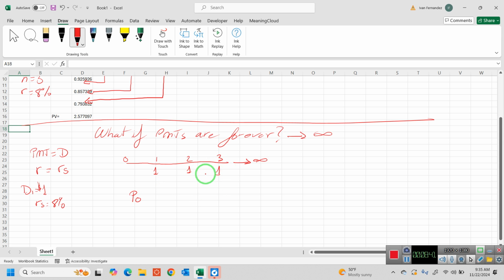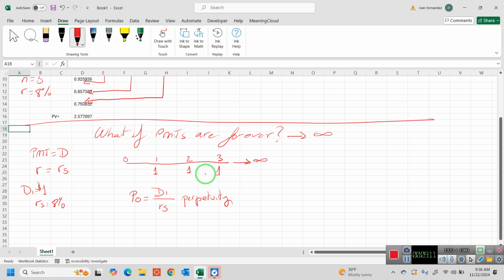The price at 0, today, is going to be equal to the next dividend, the first dividend, divided by the required return on the stock. This is what we call a perpetuity. Okay, it goes on forever.